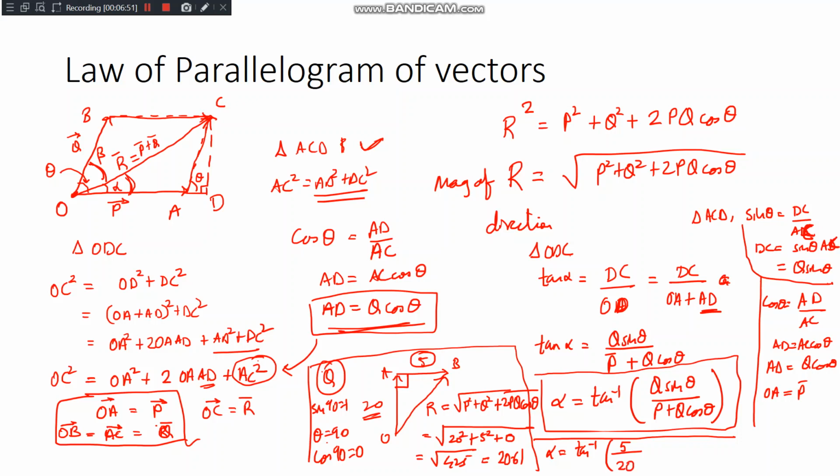Second term will become 0 because cos of theta is 0 over here. So finally we got tan inverse 1 by 4 or 0.25. When we will solve this and look it in the log table, you will get this value as 14 degree and 4 minutes approximately.